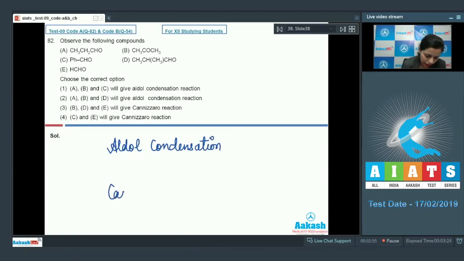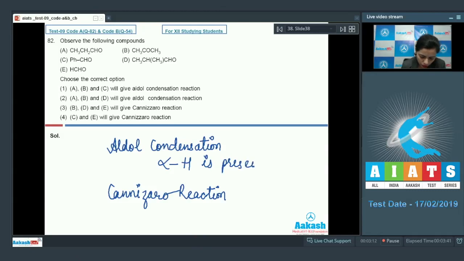Here you should know that if we talk about aldol condensation or Cannizzaro reaction, in case of aldehyde or ketones in which alpha hydrogen is present, then aldol condensation occurs.